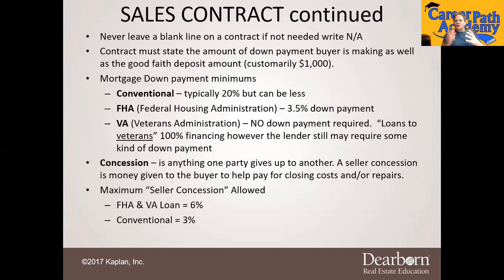And just know, typical closing costs are 2 to 3% of the purchase price. But the seller's concession is based on the loan amount, not the purchase price. Maximum seller concession allowed is 6% or 3% of the loan amount.